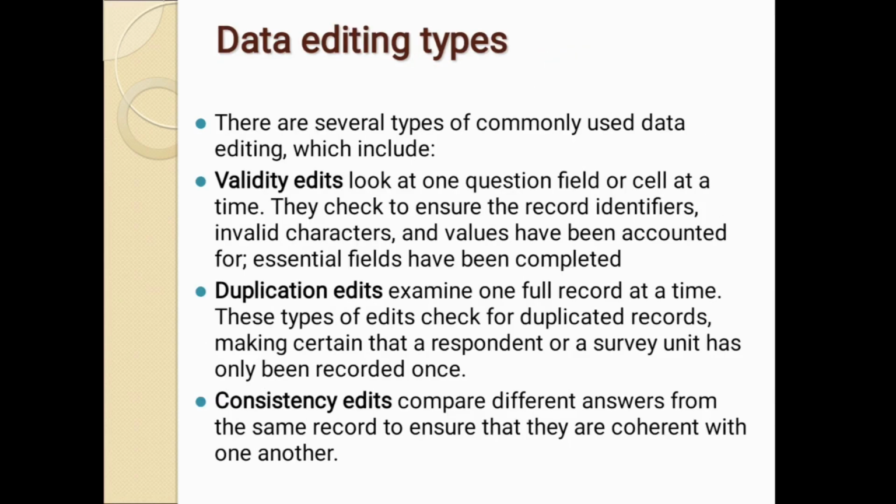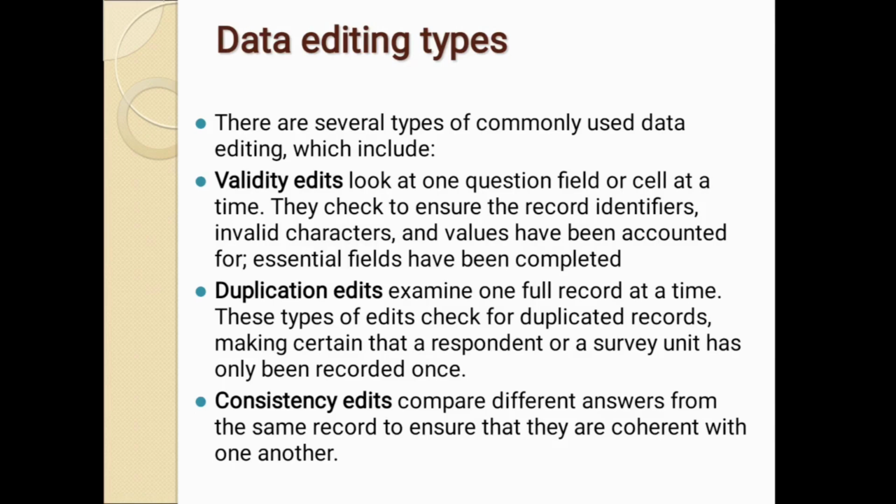Data editing types. There are certain data editing types. Validity edits. Validity edits look at one question, field or cell at a time. They check to ensure the record identifiers, invalid characters and values have been accounted for, and essential fields have been completed. Duplication edits.